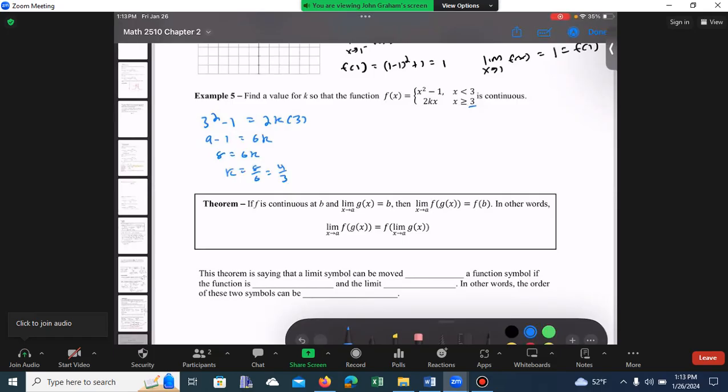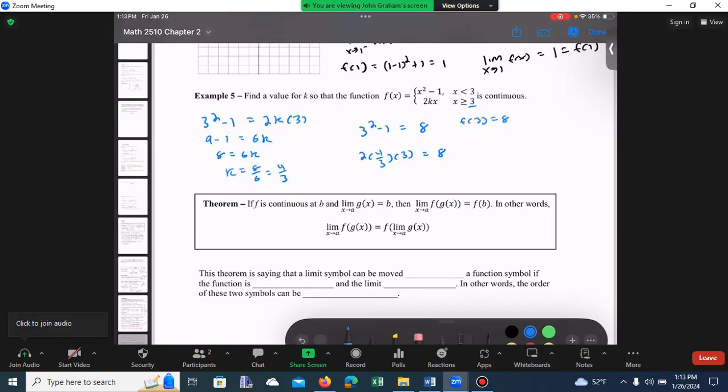So in this case, 3 squared minus 1 will equal 8. 2 times 4 over 3 times 3 will equal 8. So f of 3 equals 8.